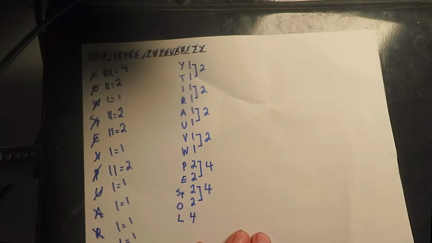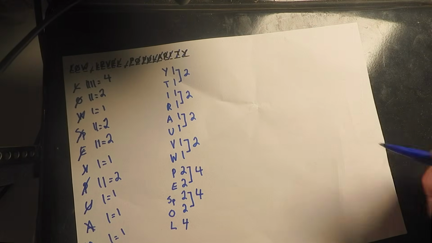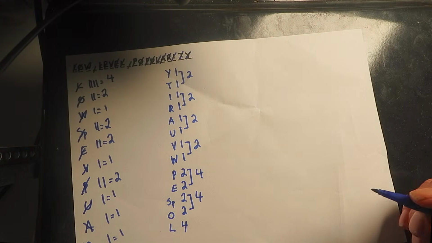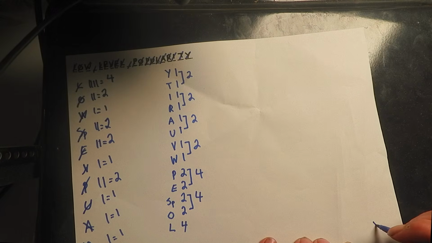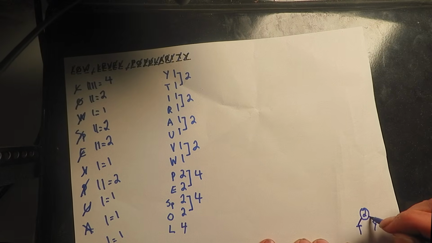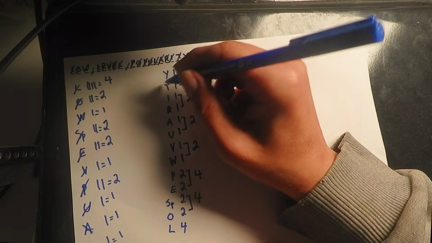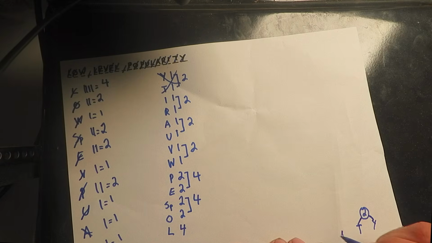Alright, so the last step in this process is to use these pairings and try to make a tree out of it. So we start at the bottom right corner. So we type the Y here and the T, and they together become 2, right? Then we have the I and the R, also 2.